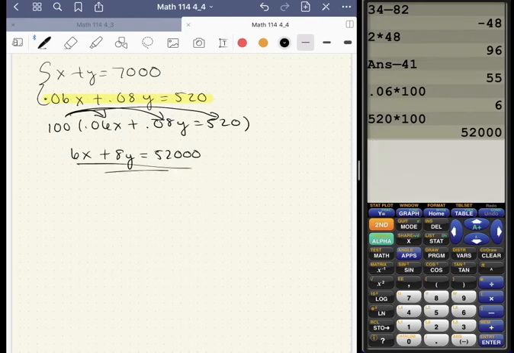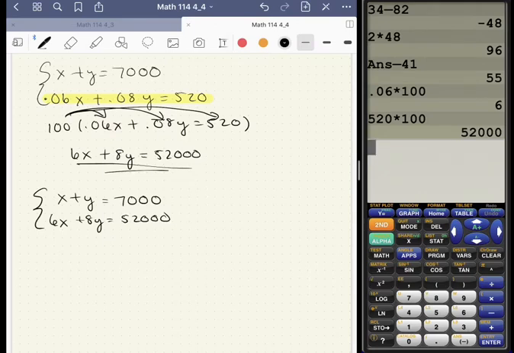Right? So this is more like it. So my new equations are x plus y is equal to 7,000, and 6x plus 8y is equal to 52,000. So these are my new system.